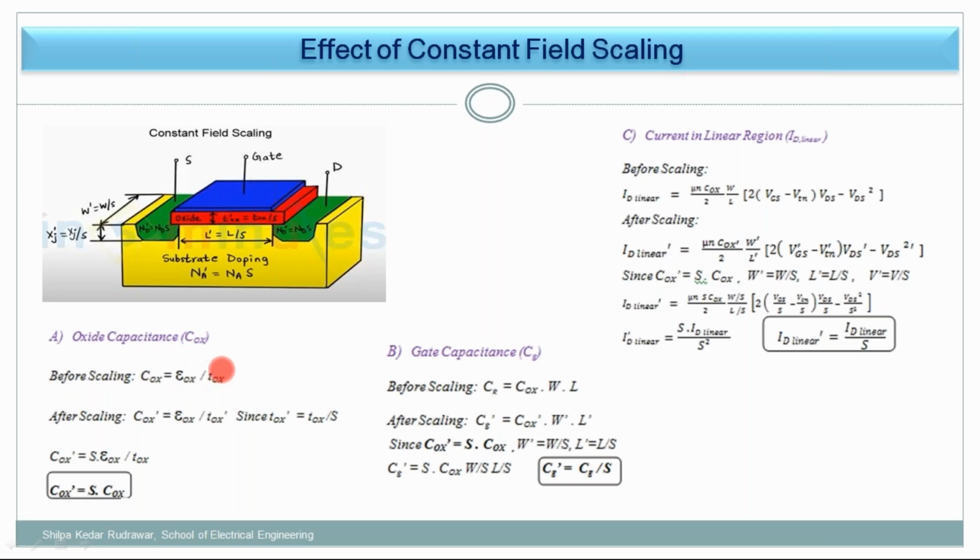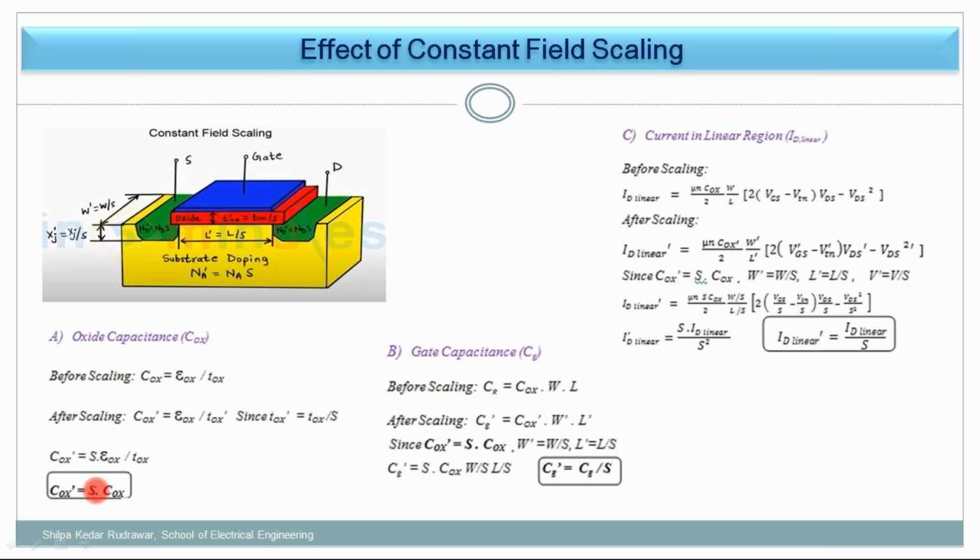Now after scale down, as we are scaling down in constant field, all the parameters are scaled down, so my Tox is also scaled down. So after scale down, what is the value of Tox? It is nothing but this. We are replacing this value over here, and we got the value of Cox after scaling as S into Cox. So what is the meaning of S into Cox? That is, your oxide capacitance increases by factor S.